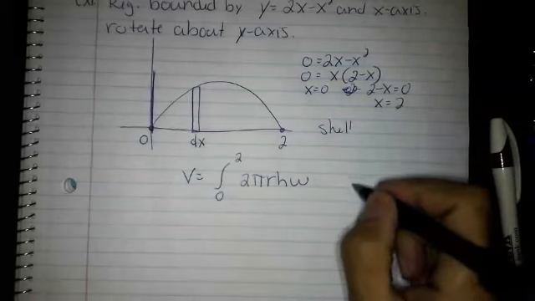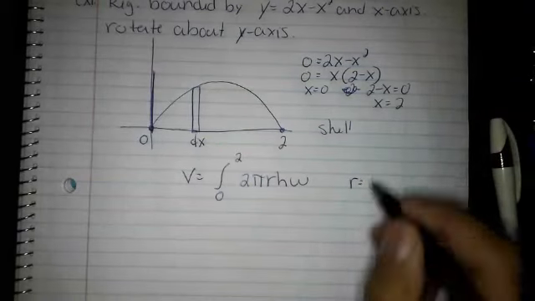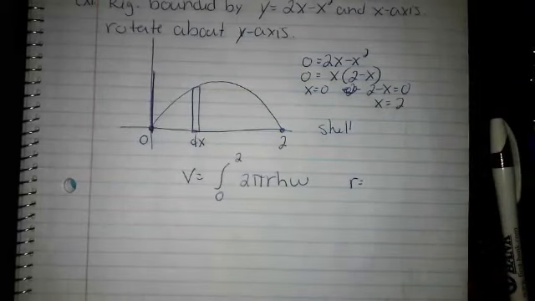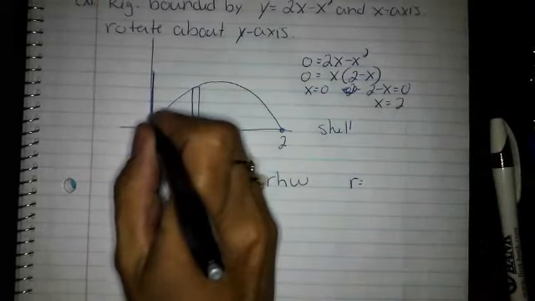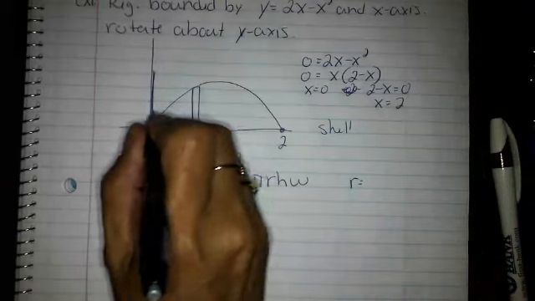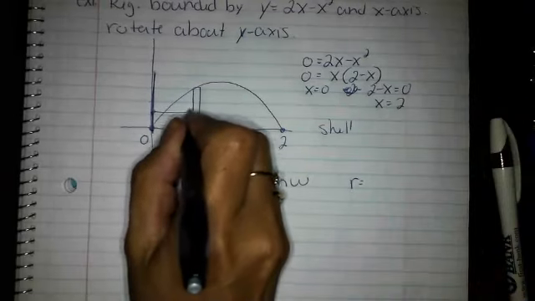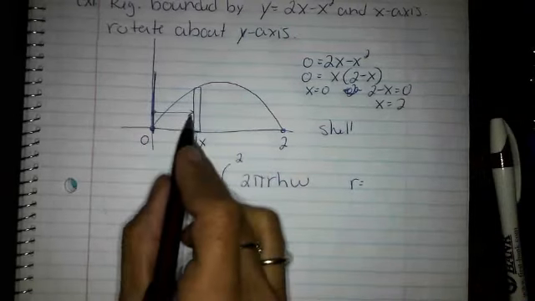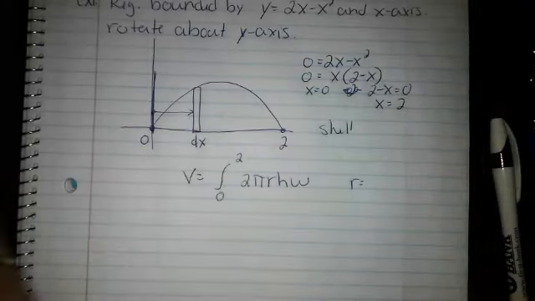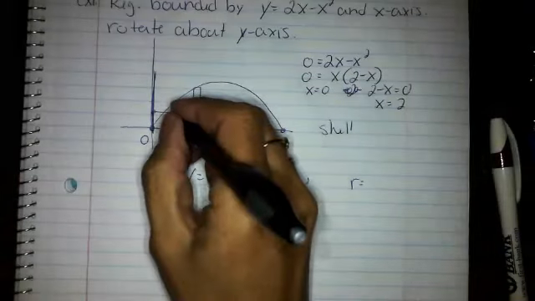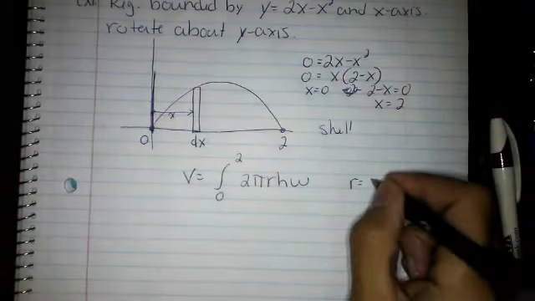So I told you before, the radius is either going to be X or Y. Remember, the radius is the distance from the axis we're going around over to this. So that's a horizontal distance. That's an X. X values move left and right. Y values move up and down. So my radius is X.